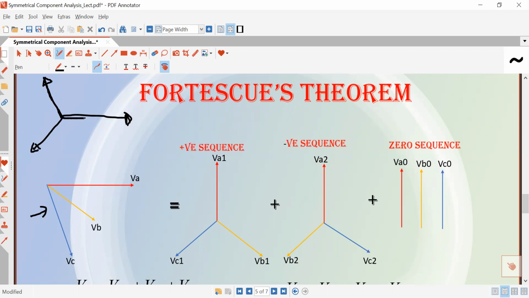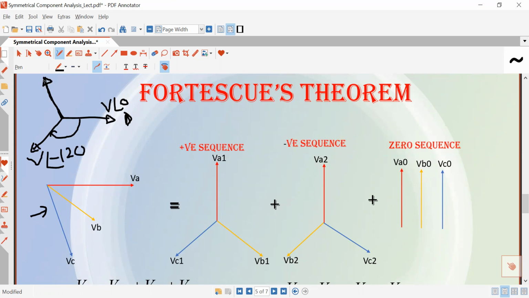This is the phasor diagram of a balanced three-phase system. You must note here that the length of each vector will be the same, because length represents the magnitude of the phase voltage. So if the phase voltage of one phase is V angle 0, which is the reference phase, then if you take the angle in the clockwise direction, the phase voltage of this phase will be V angle minus 120 degrees. The minus sign is due to the clockwise direction from the reference phase.